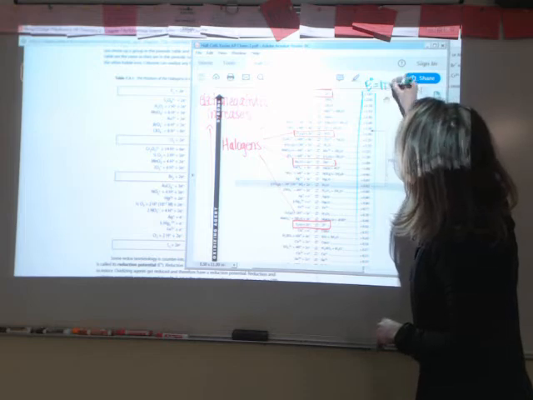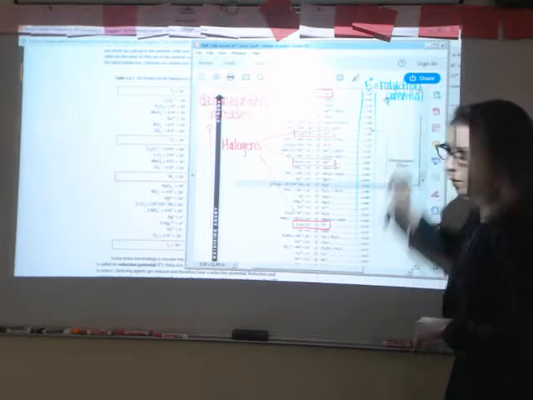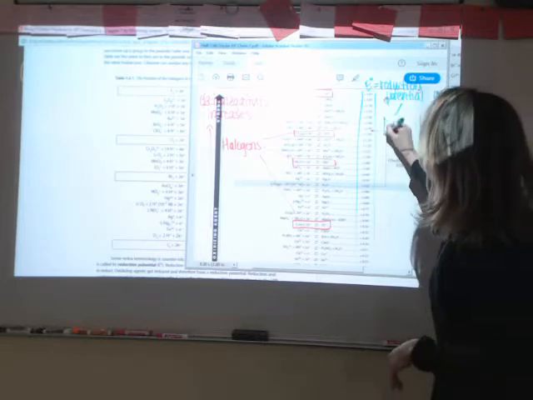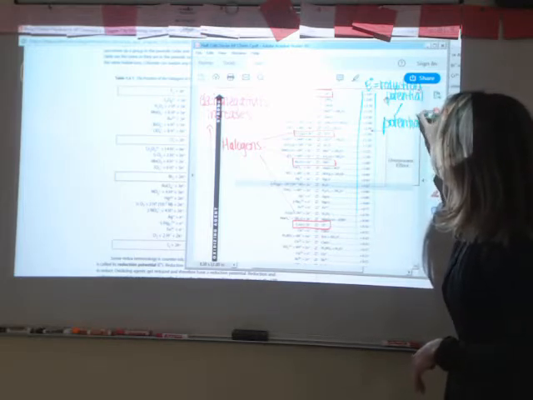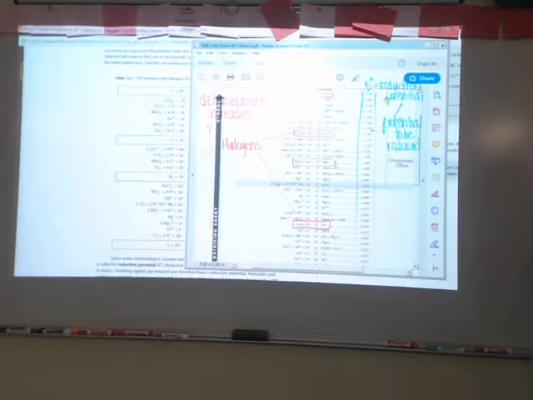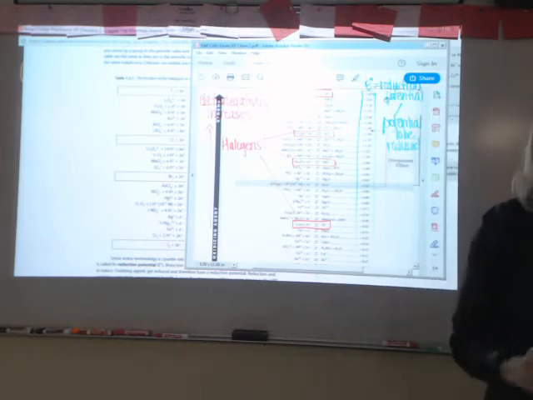Reduction potential is the potential to be reduced. Okay. And oxidizing agents get reduced, therefore they have a reduction potential. And this is measured in volts. So you're going to see this with a capital V as the unit after it. Okay, so these are all in volts.